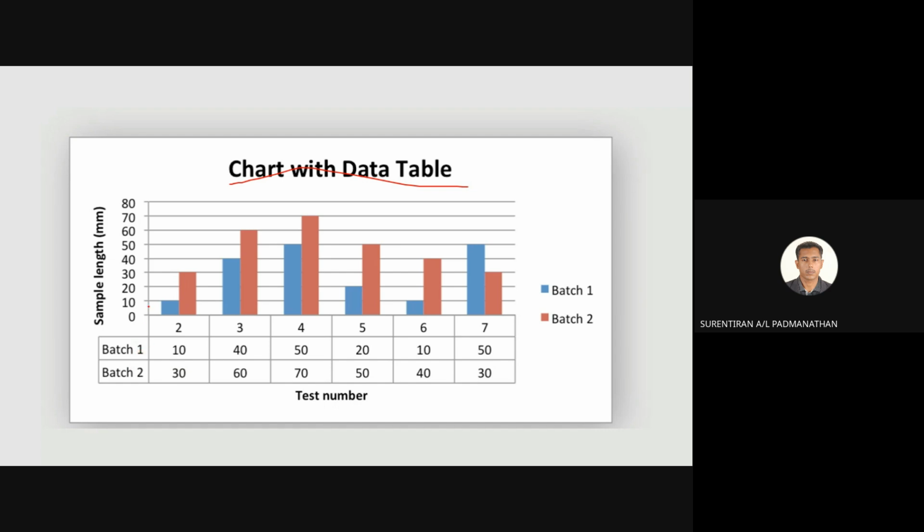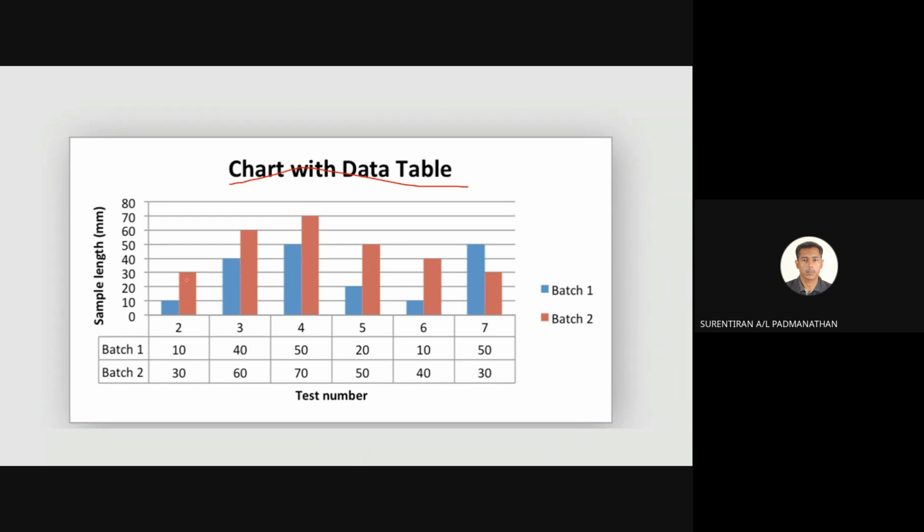Batch 1, blue color is batch 1, right? So batch 1 is 10, then batch 2 is 30. When I look into this table itself, I can know the numbers. I don't have to look at this, oh, this is 30, then I look at this and I see 60, and this is 40. So I just look at this, batch 1 is 40, 60, very easy, right?